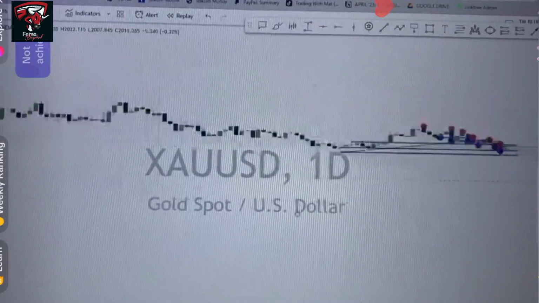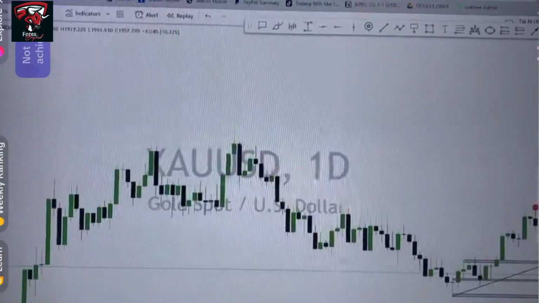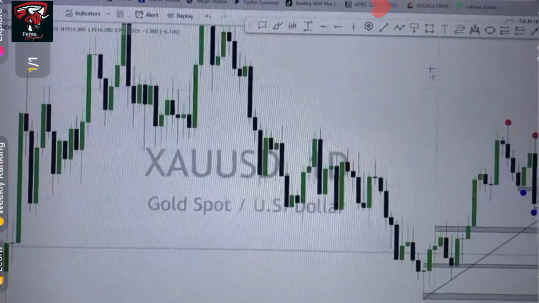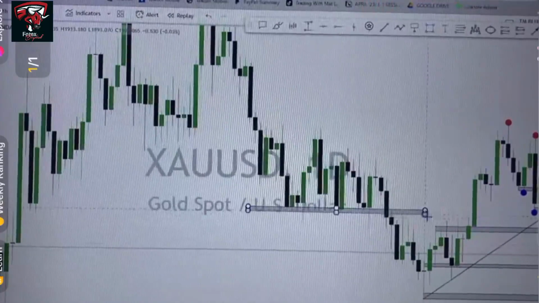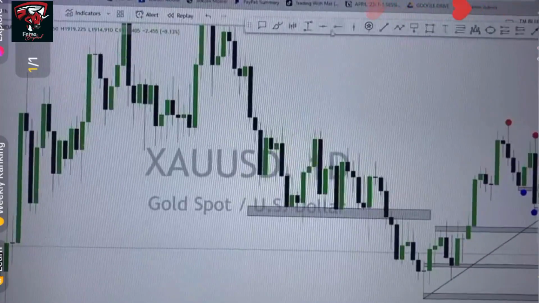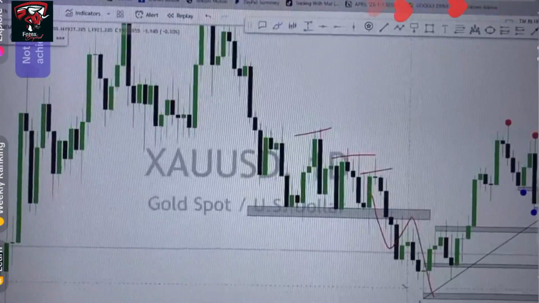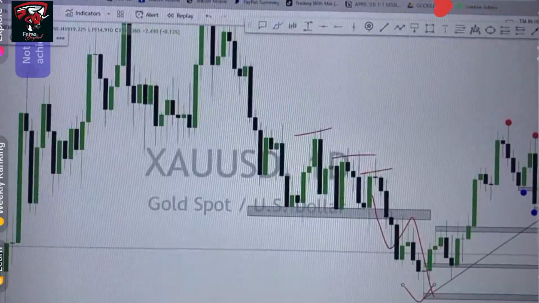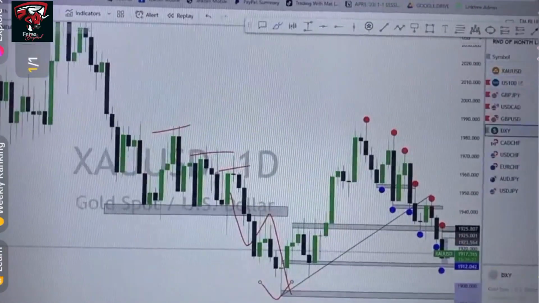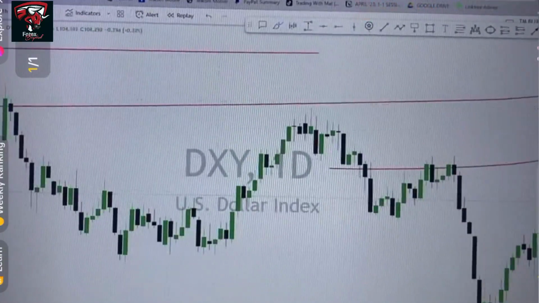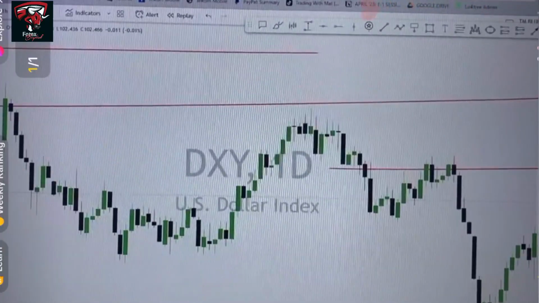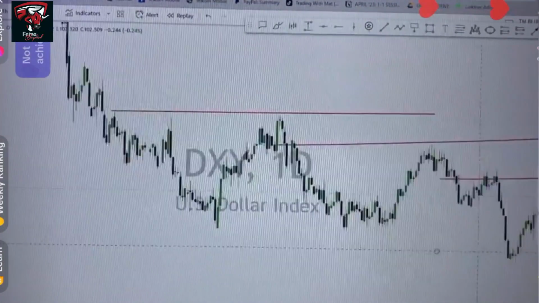Do you guys remember when we struggled with this exact same pattern where the market was creating those lows? Then we were creating these lower lows, and then it broke out, retested, and then went down. Guys, if this happens for DXY, this is going to be mad. Rest in peace to the DXY.